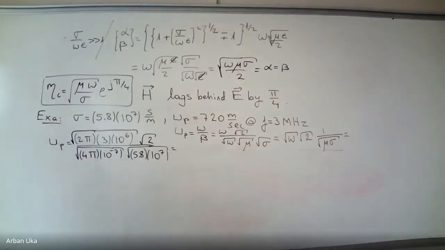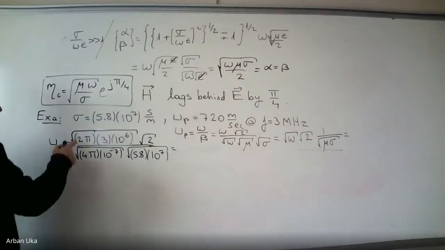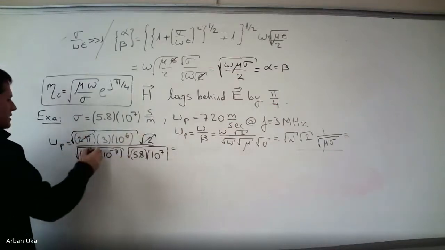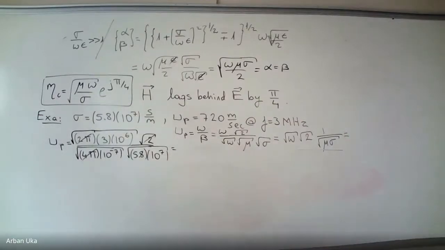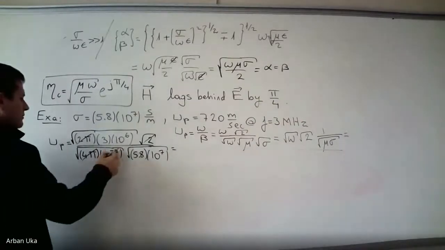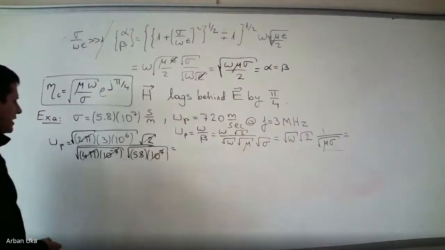If we check the numbers, we get 2 pi times 2, they cancel the 4 pi, and then 10 to the power minus 7 and 10 to the power 7 cancel out.